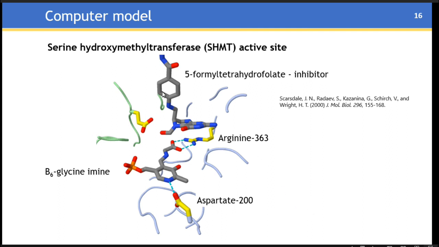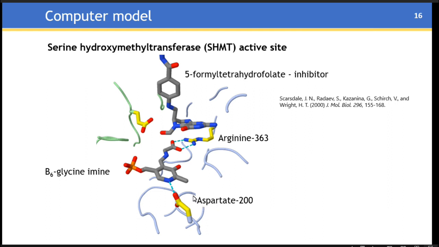So it turns out there's an enzyme, serine hydroxymethyltransferase, that incorporates a folate cofactor and vitamin B6 and carries out one-carbon transfers, involving the N5 group here.